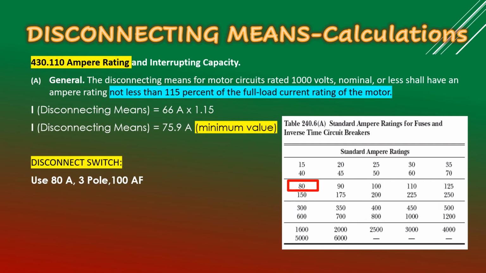However, we can also use 90, 100, up to 175, equivalent to our short circuit and ground fault protection, because this value is a minimum. We can use 80 ampere only because we are already complying with the code.